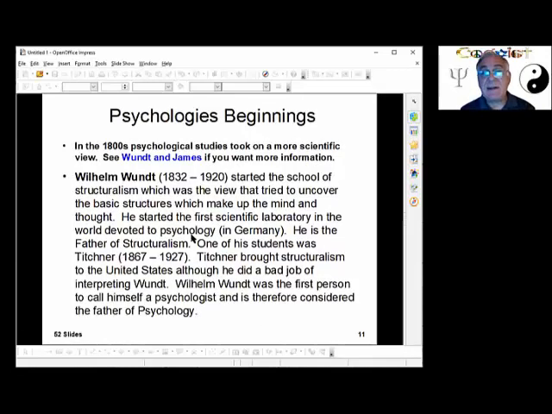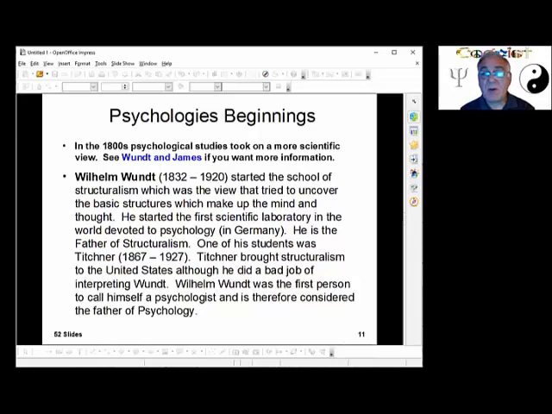So in the 1800s, psychological studies took on a much more scientific rather than philosophical tone. Wundt and James are the first two really well-known scientific psychologists. Wilhelm Wundt was born in 1832 and died in 1920.